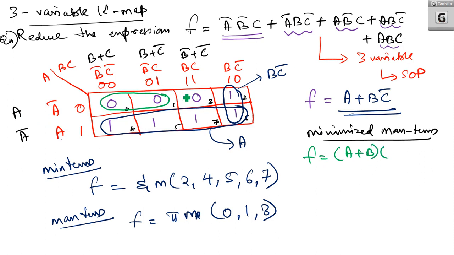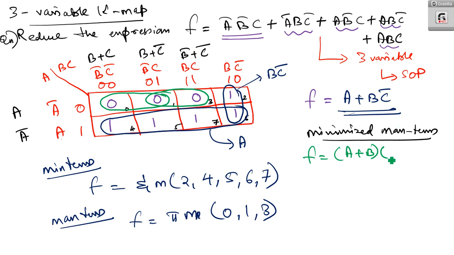Here what we get? These two you cannot club because it is not differing by 1 bit. Can you club these two? Okay, you cannot club this one and this one, because it is different by 2 bits. Whatever is differing only by 1 bit, you can club it. So if you are clubbing these two, A is common, and C bar is common.